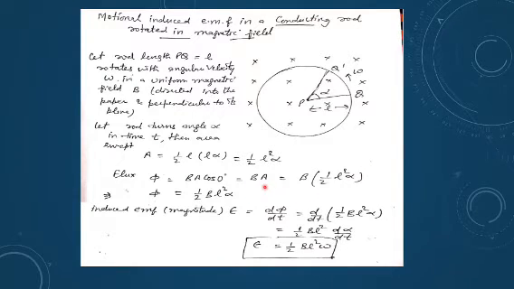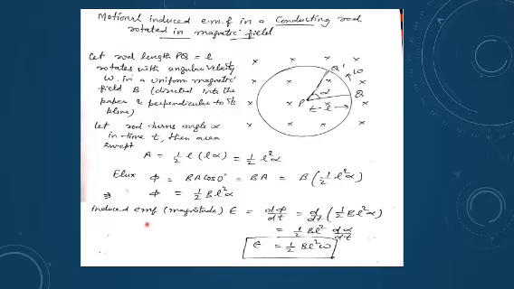That is always recommended, to get the maximum flux. Area is given by half L square alpha. So you can write the value of phi as 1 by 2 B L square alpha.